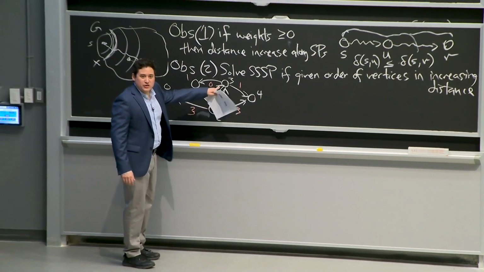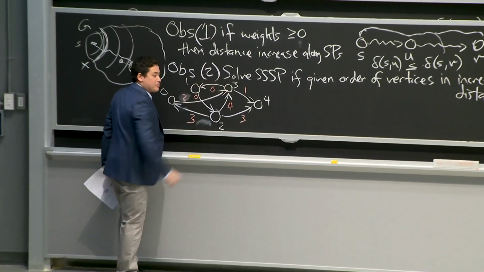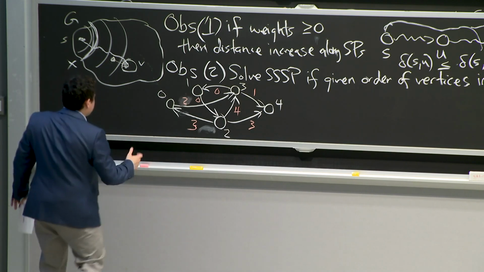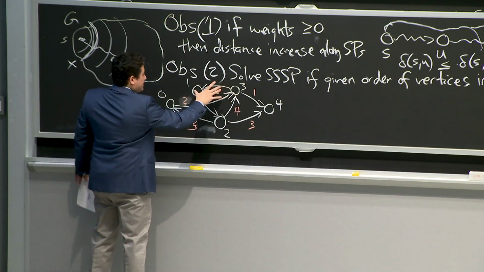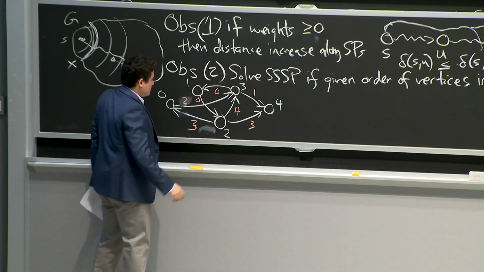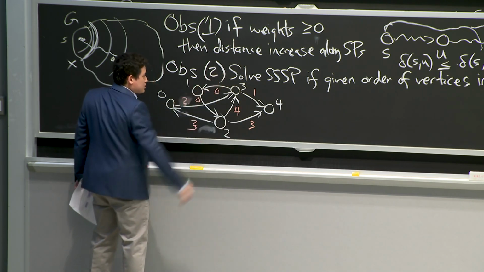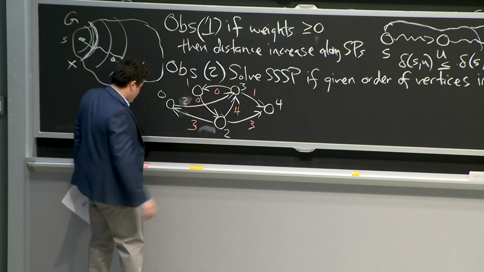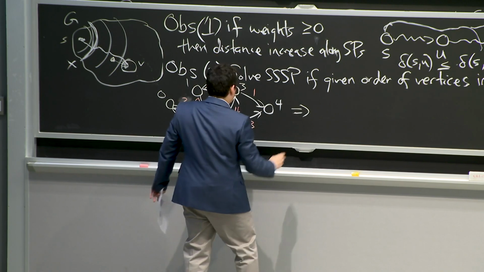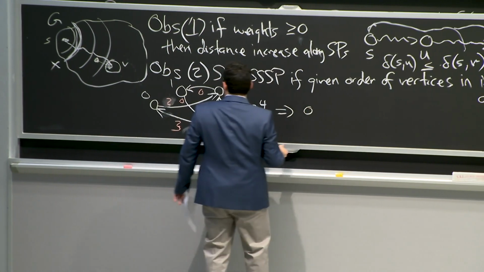I can deal with this component separately, right? Let's worry about that separately. If we do, we can kind of collapse this edge down into a single vertex and transform this graph so it does respect the ordering.